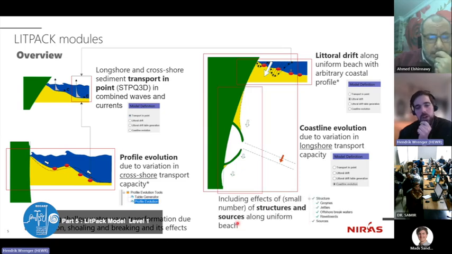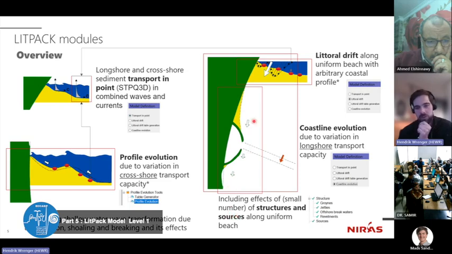But for a small number of structures within certain other conditions, the coastline evolution tool actually includes submodules. So a small number of structures across the beach with local effects, as well as sinks and sources, for example, a river outlet, can be included in the coastline evolution.